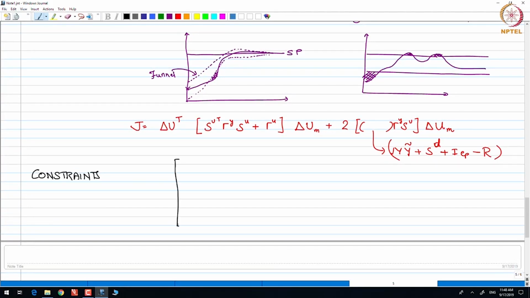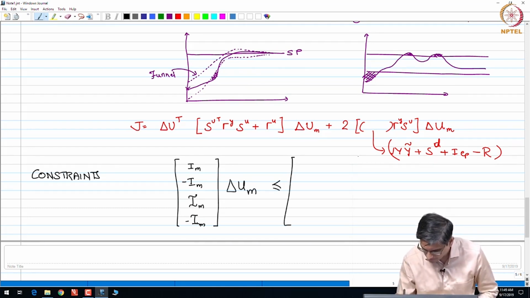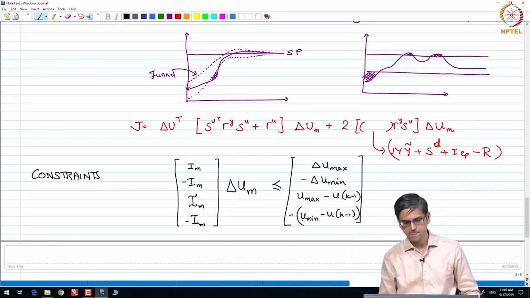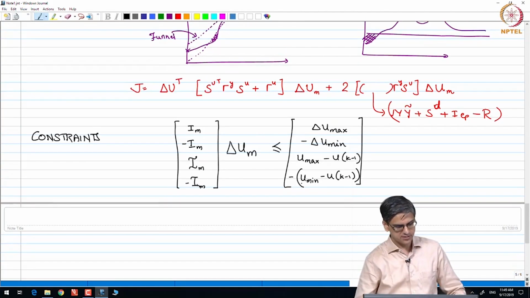We have not talked about output constraints, but if it is output constraints, you will have to incorporate that as well.